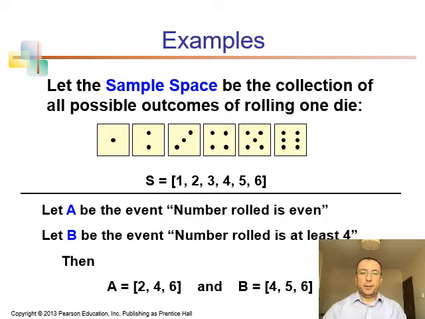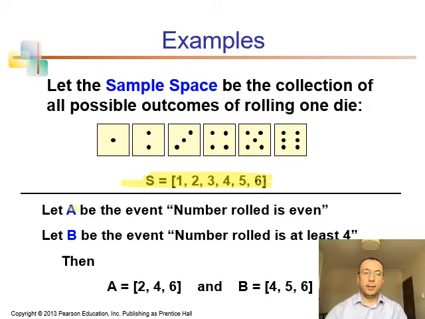Sample space, here's an example. We are rolling a dice. And if you are rolling a dice, we know that we can have 1, 2, 3, 4, 5, or 6. So in that case, our sample space will be any of those outcomes. So it's the numbers from 1 to 6.